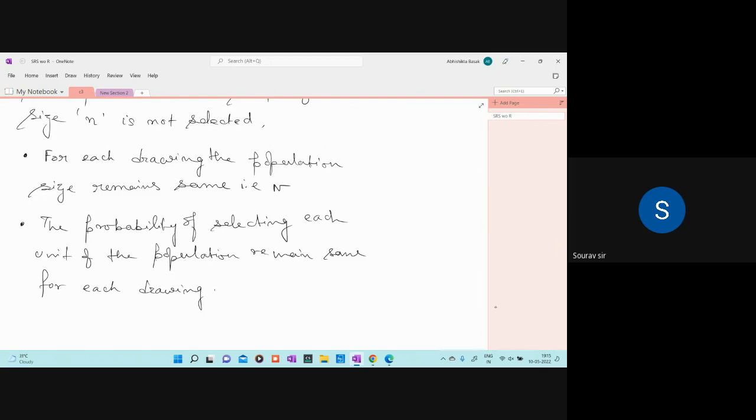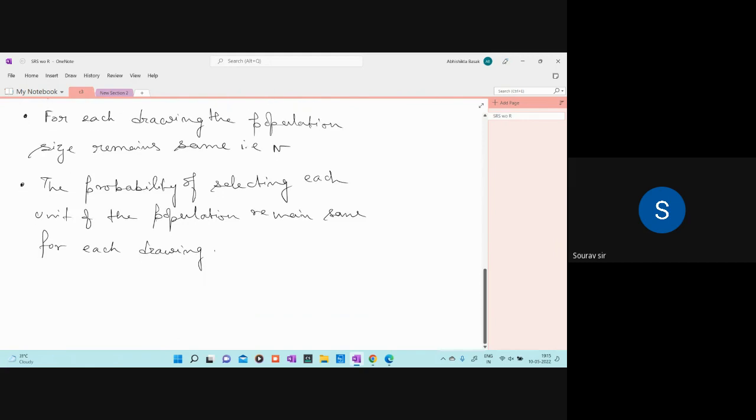Next, we are going to explain with an example. Suppose we have a population P which consists of three elements 1, 2, and 3, so capital N is equal to 3, and we would like to draw a sample of size 2 from this population.